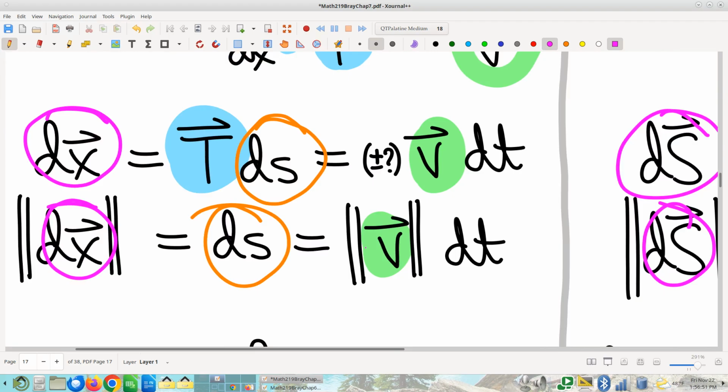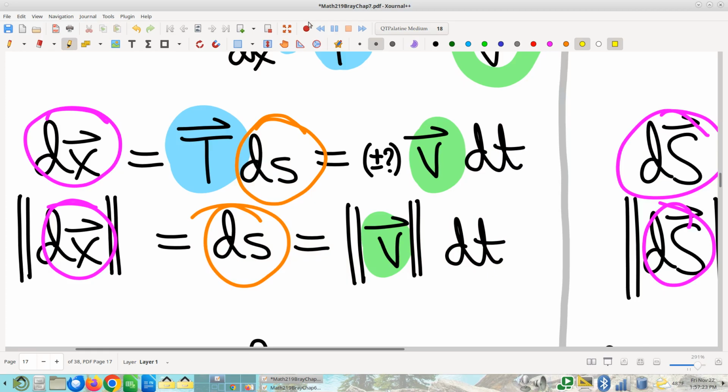If you take this formula for ds and plug that in here, then, roughly speaking, this is what's going to come out. There's a couple of dots to connect there, but if you look back to chapter 3, you'll see the details for that. Yeah, absolutely.